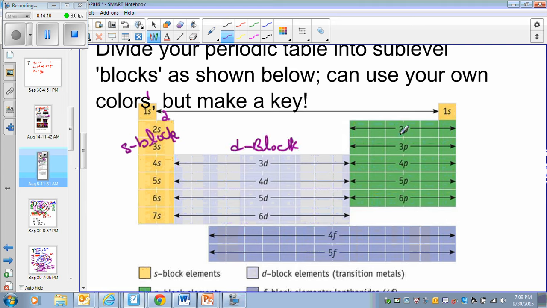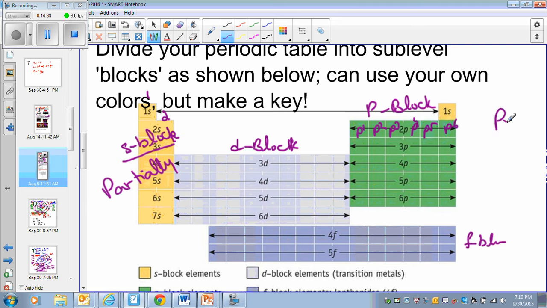Okay, and these are called P block elements, and these are called F block elements, because this particular sublevel is partially filled for these elements, and this particular sublevel is partially filled for these elements. Everybody in this group has P1, P2, P3, P4, P5, and P6.